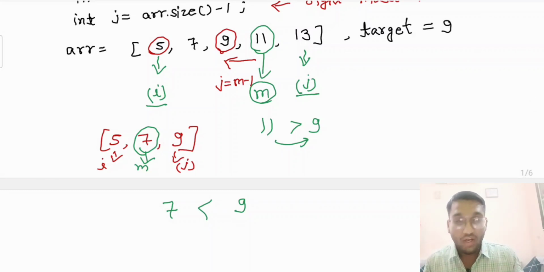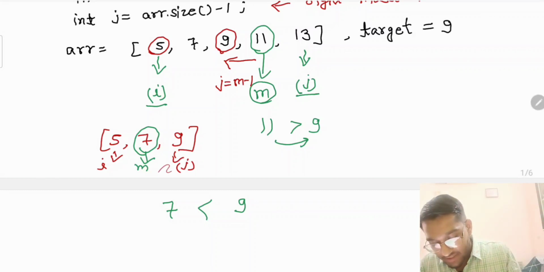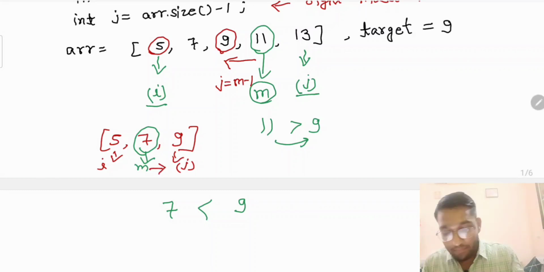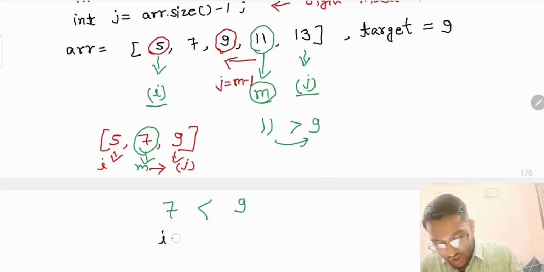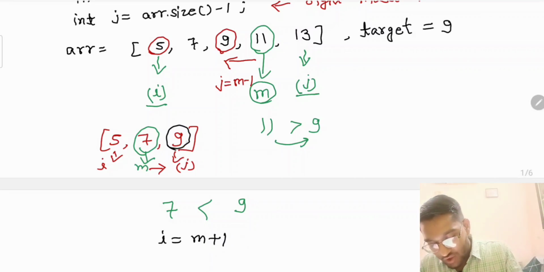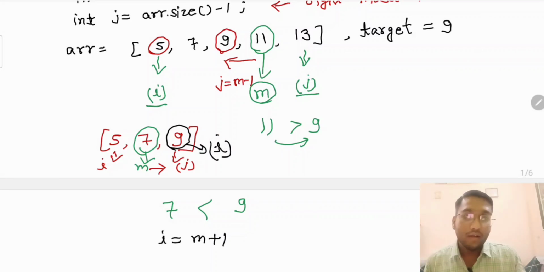In order to get more than 7, we should move in this direction. It means now our new I should become M plus 1. So now our new I should become this only. And in doing so, we get our required element.